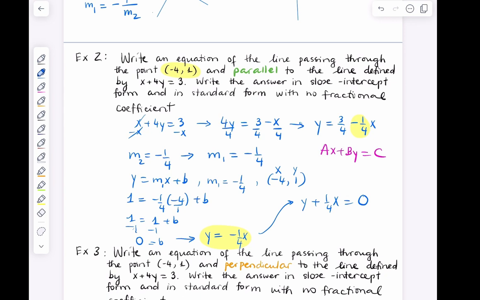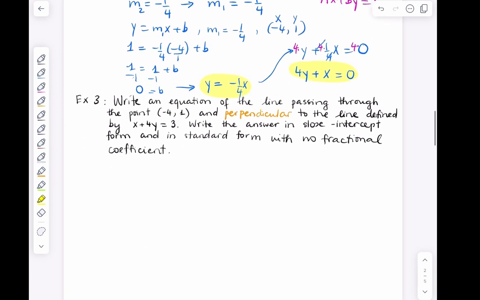We don't want any fractional coefficient. Right now we have 1/4 as a coefficient for x. To clear out the denominator, we can just multiply each term by 4. So that will give us 4y plus, now this 4 and that 4 will cancel, so you have x, and then 4 times 0 is 0. So here you are, the standard form of the same equation.